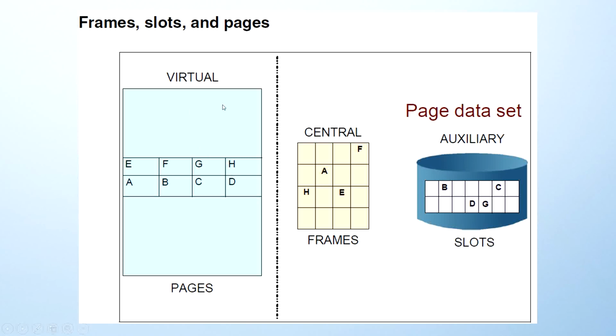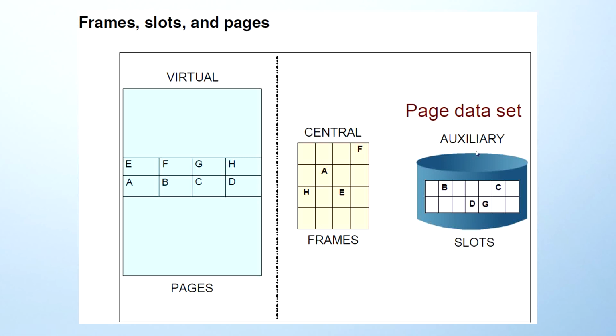But all these storages are equally divided into blocks of 4K size. The 4K block in virtual storage is referred to as a page, the similar 4K block in real storage is a frame, and the same block in auxiliary storage is a slot.